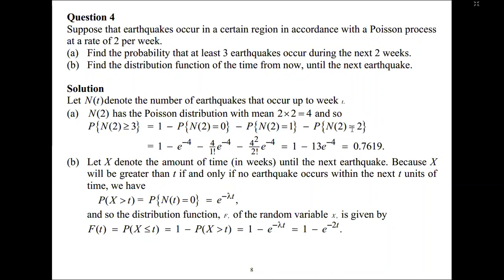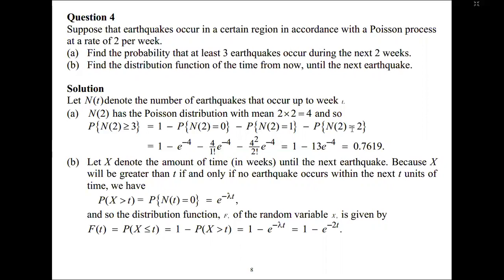They say after 2 weeks, what's the probability that 3 or more earthquakes will occur? If after 2 weeks we expect 3 or more earthquakes, it means within the first 2 weeks, either there was no earthquake, or there was only 1 earthquake, or 2.